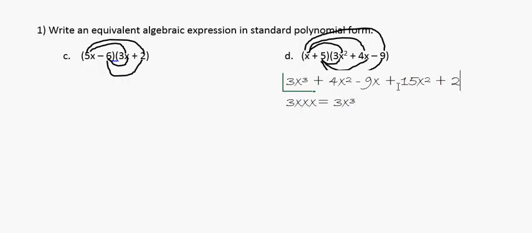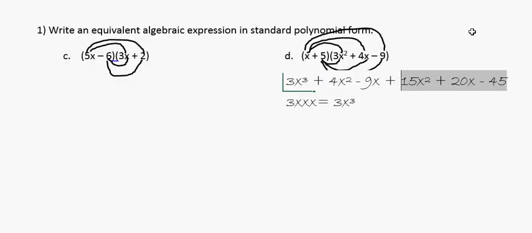Once again, they're both positive, so I say plus 20x. Now I do 5 times negative 9. Negative times a positive is a negative. 5 times 9 is 45. You can write it like this. There's nothing wrong with that.